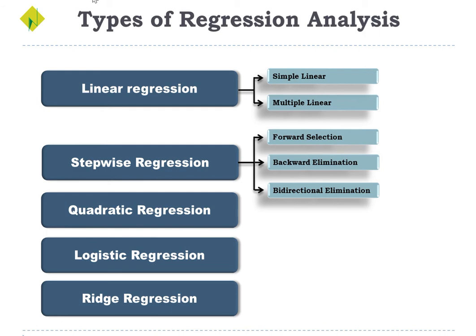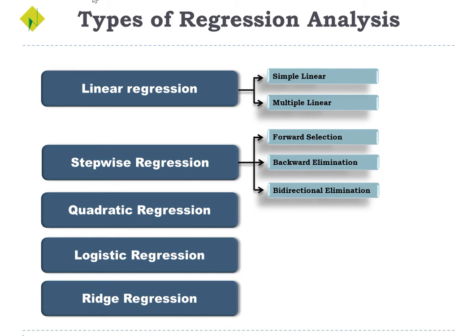The next one is quadratic regression. This comes under the nonlinear regression models. The line is kind of U type. Suppose our data is not following linearity, we can go for quadratic regression models. Next is logistic regression.